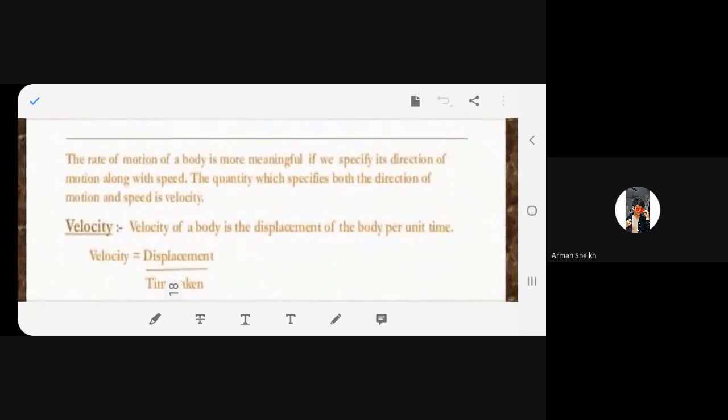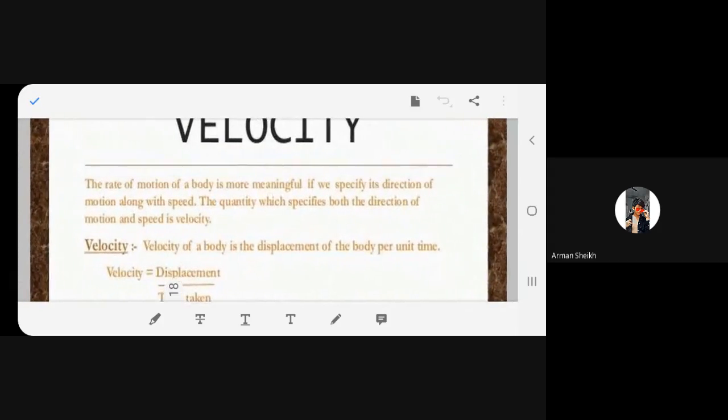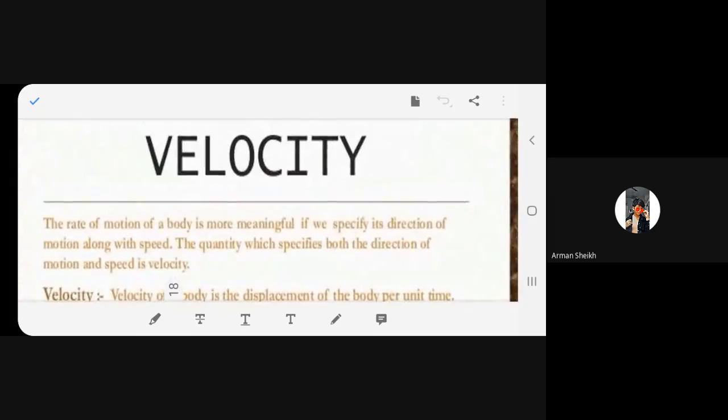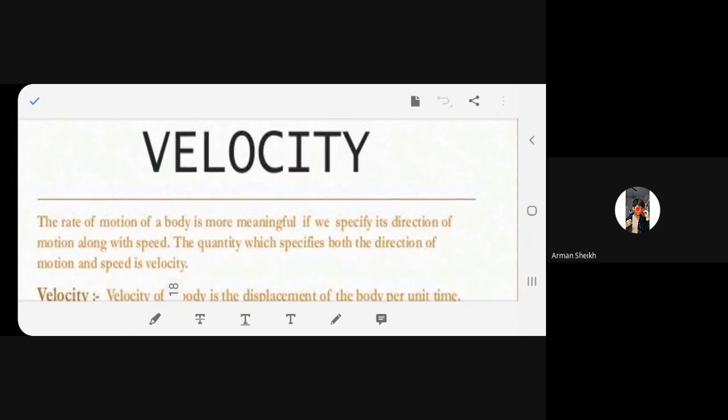Any problem regarding velocity? Is there any problem regarding velocity? No? Okay, ma'am. Fine, I take it that you know everything.